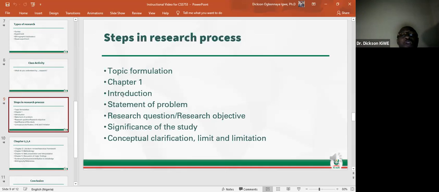And these research questions are usually transposed into research objectives. So from this, you can find out that the research questions are always the same content with the research objective, except that while research question has a question sign, the research objective is a simple statement.